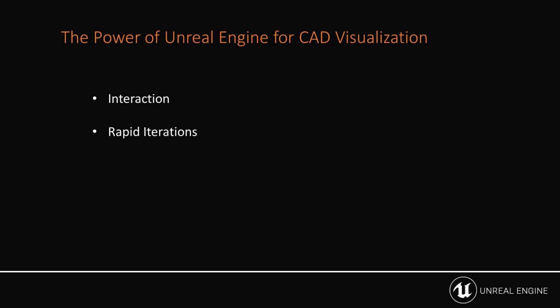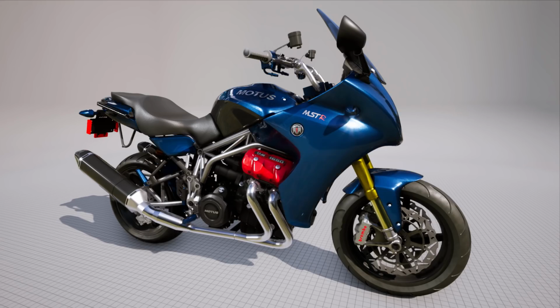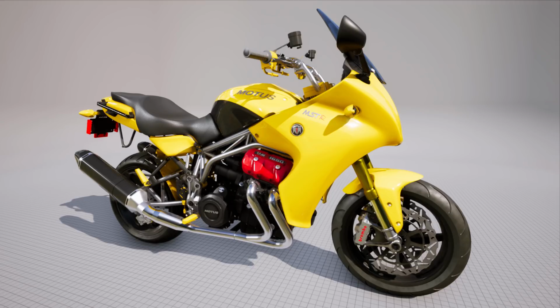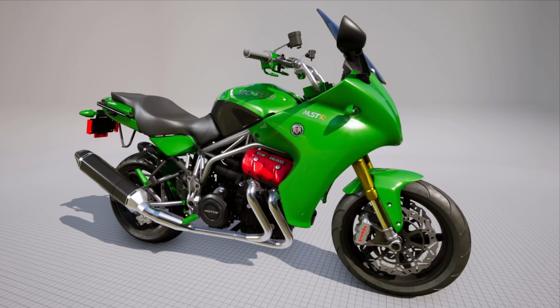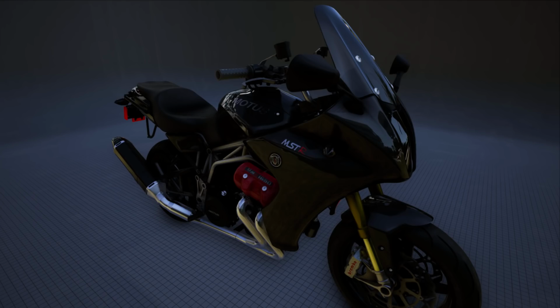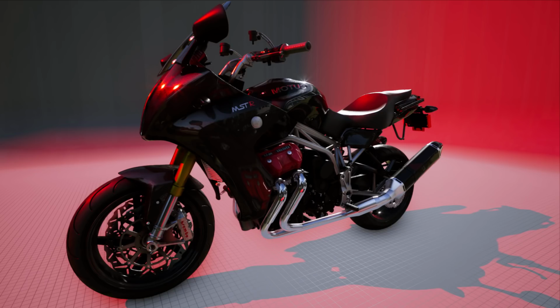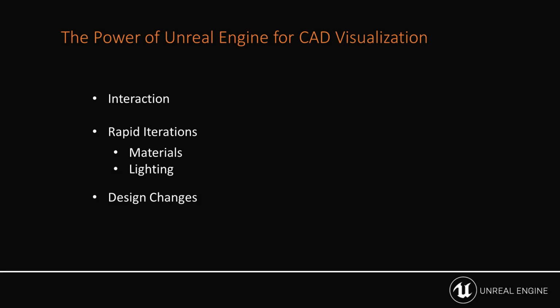Also, rapid iterations here, the ability to change materials on the fly, changing paint jobs, taking a look at how the motorcycle would look with different paint liveries on them. As well, we can explore different lighting environments, how the design works in different lights, for example, under a different red kind of glow here, for that matter. And with that change of iterations, we can also look at design changes.